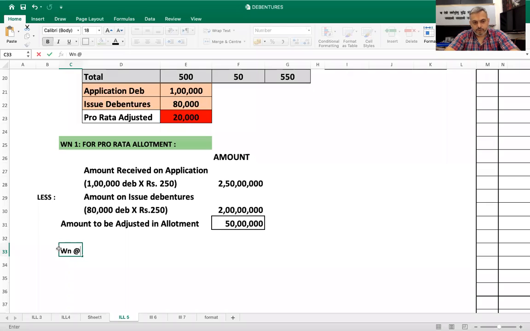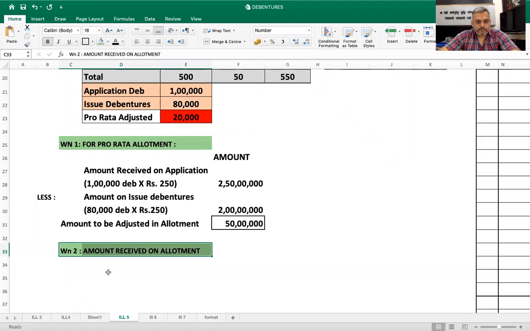Then working note 2. Amount received on allotment.